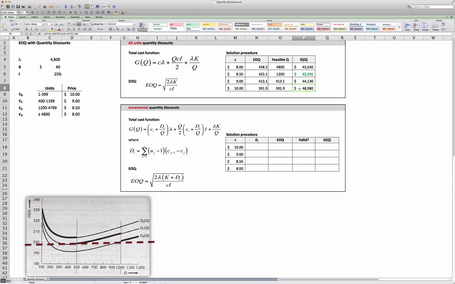And clearly, as we see up here, for example, the answer is no. If I order only 438 units, I will not pay $8 per unit. But rather, if I want the price, I will have to purchase at least 4,800 units. So we compute the total cost associated with each of these feasible order quantities, and we simply select the solution that minimizes the total sum of purchase costs, inventory holding costs, and order placement costs.